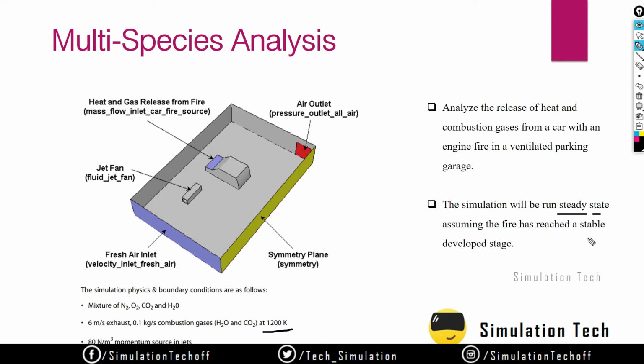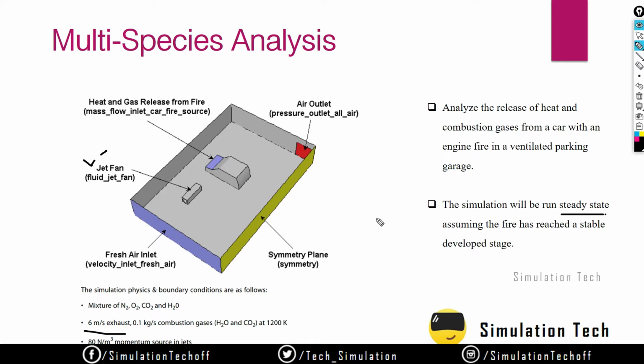The fire has reached a stable stage, so there is no sudden blasting; the fire increases stably. That is why it is mentioned as a steady state condition. Apart from that, everything is given: the momentum source for the jet fan is 80 Newton per meter cube, and there is a 6 meter per second exhaust and inlet velocity.